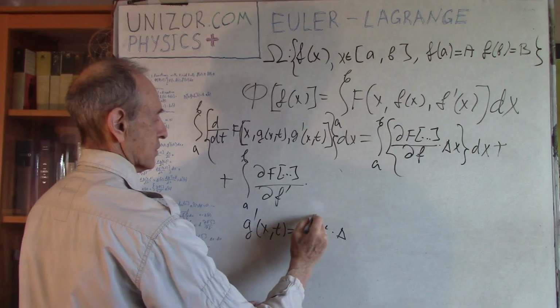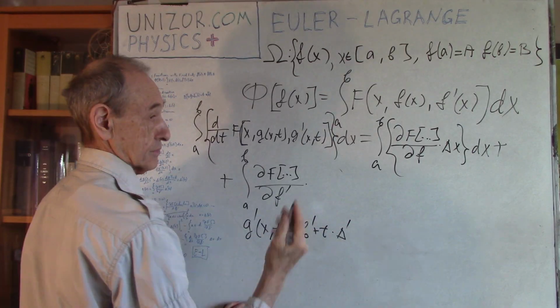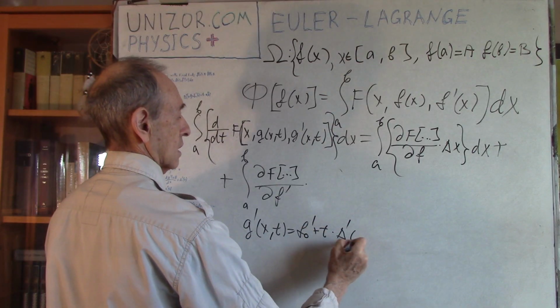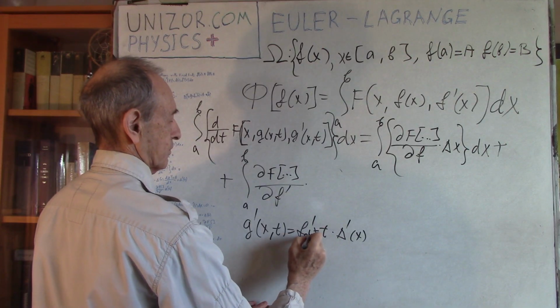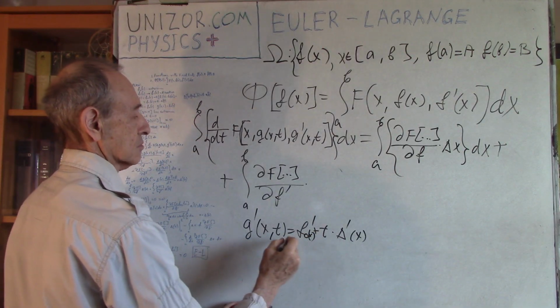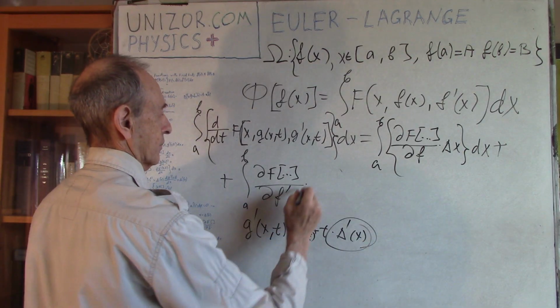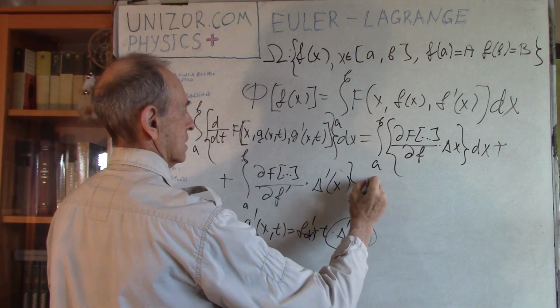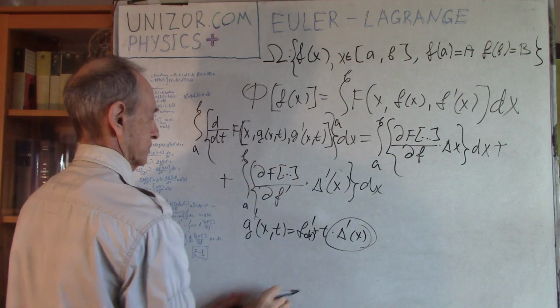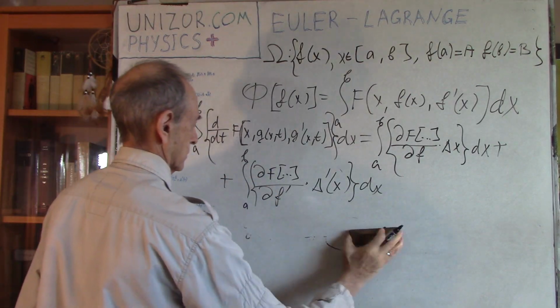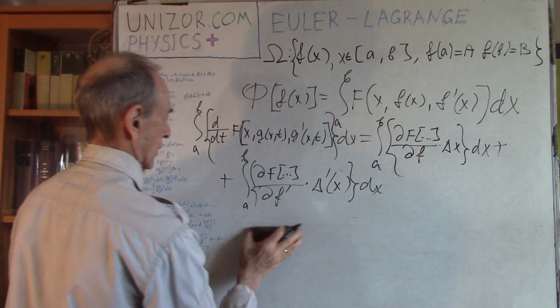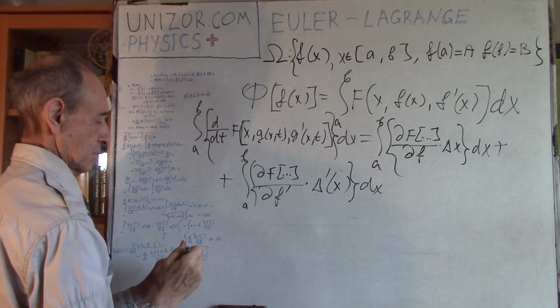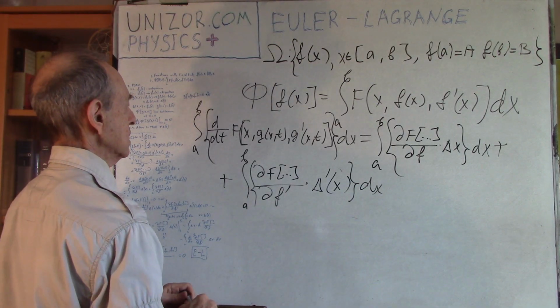The first derivative is by x, so that would be the same, and now differentiation by t gives me delta prime of x, dx. Okay, so that's my derivative by t.